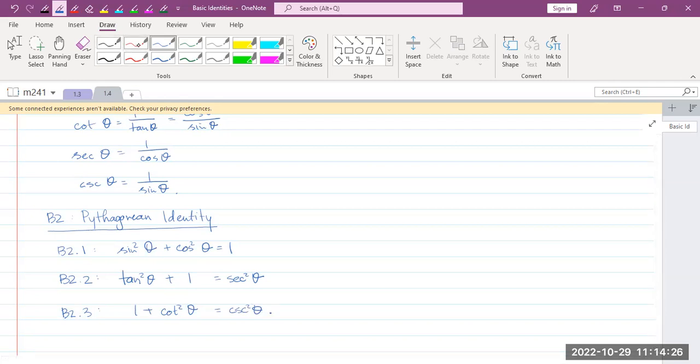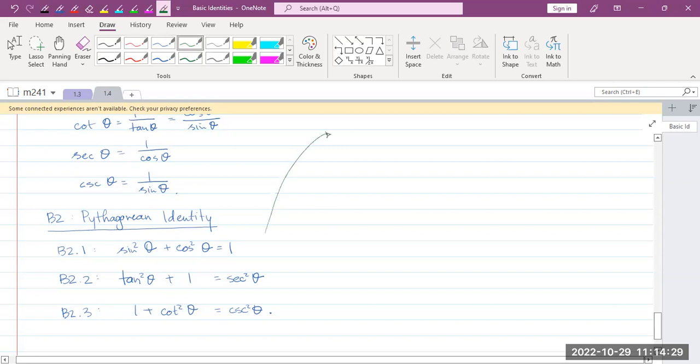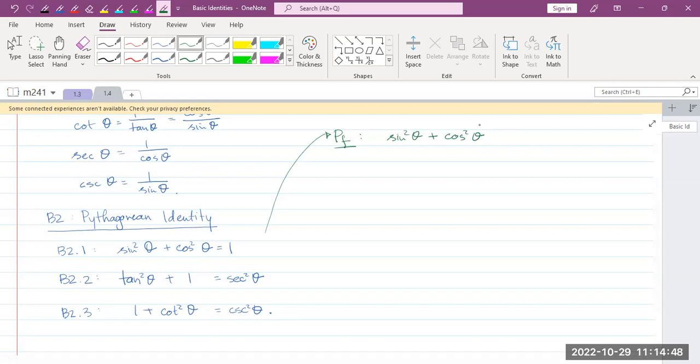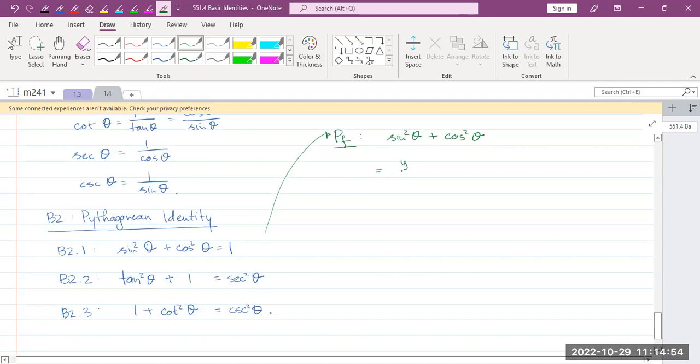Okay, proof. Now, sine squared theta plus cosine squared theta. I will prove it this way. Now we know that sine theta is y over r by our first definition above from 1.3. Cosine theta is x over r.